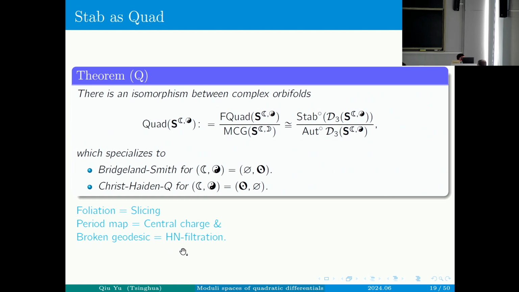And in the category, you have this Harder-Narasimhan filtration for each object, and that corresponds to broken geodesics. So there's a dictionary between quadratic differentials and stability conditions. This is actually a byproduct of the paper.